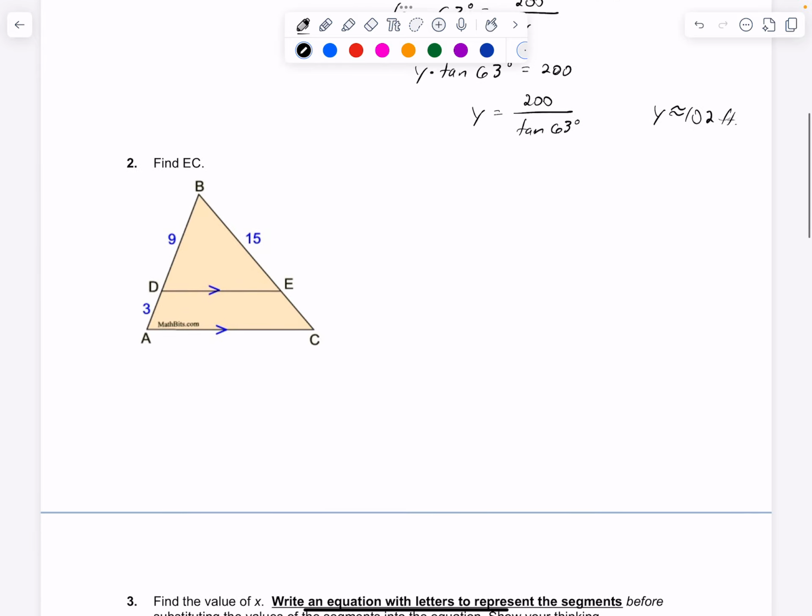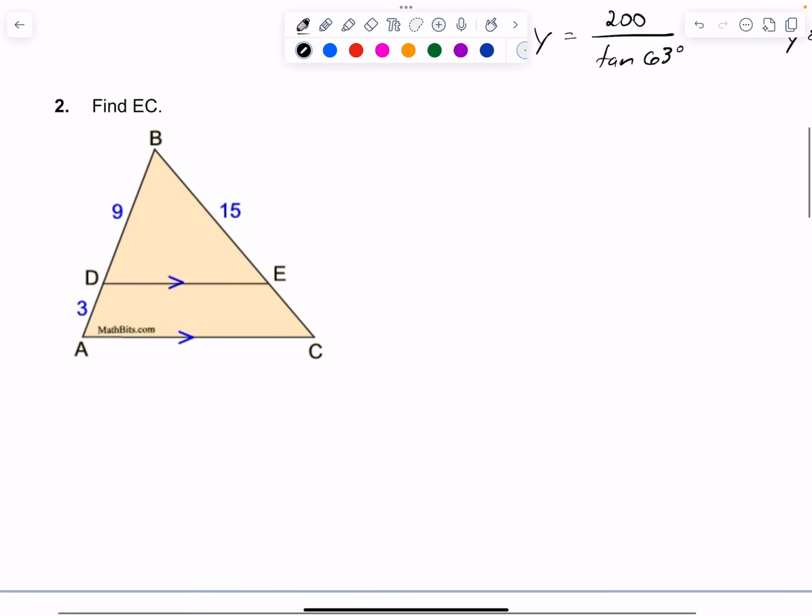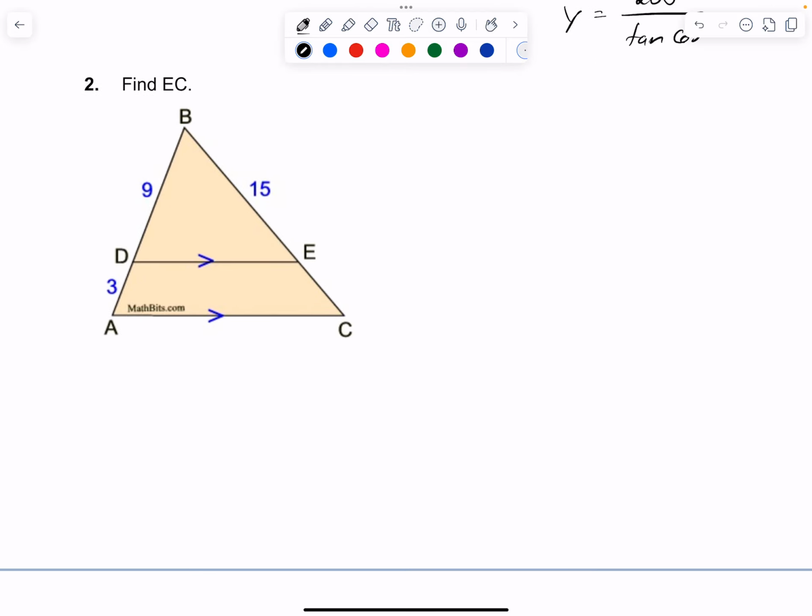All right, so number 2, this is kind of similar to one that we did on an earlier video, but you'll notice that none of the numbers given or any of the unknowns are actually the bases of these triangles, right? So where those parallel markings are. So we're trying to find EC, which is right here.